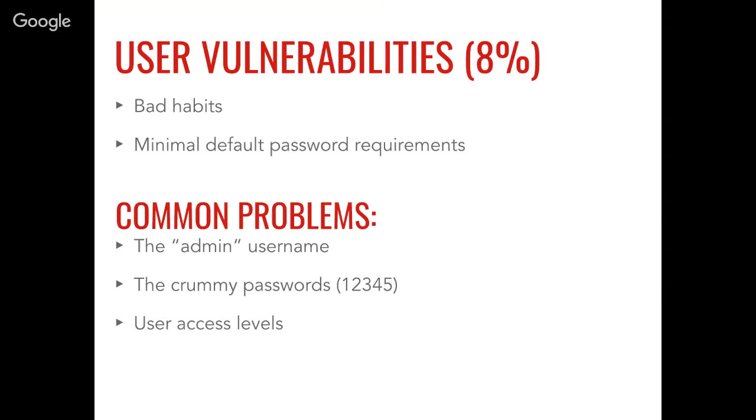Please don't use something like 12345 or other really obvious ones. And then also make sure that your user access levels are set appropriately. So if you have a user who does not need to be an administrator, if they're just editing content, make them an editor. If someone hacks their account as an administrator, they can do a whole lot more damage than they can if they're just an editor.